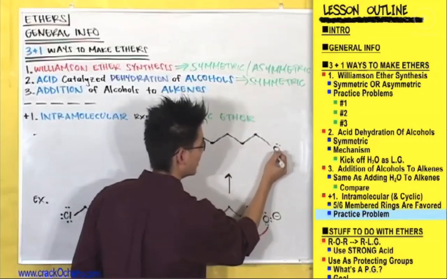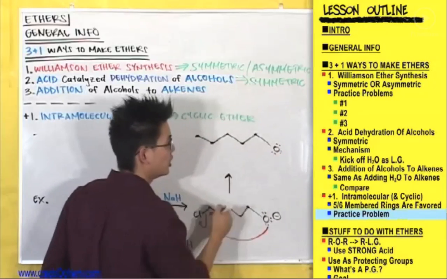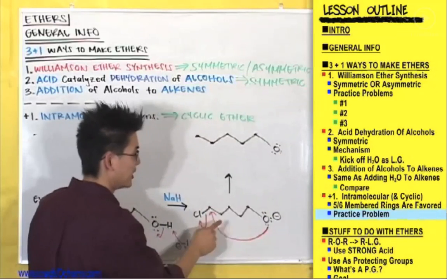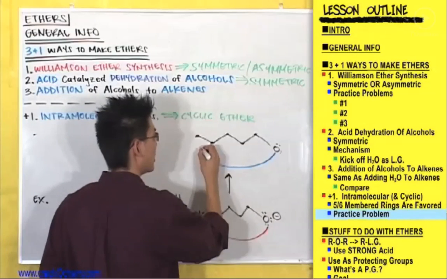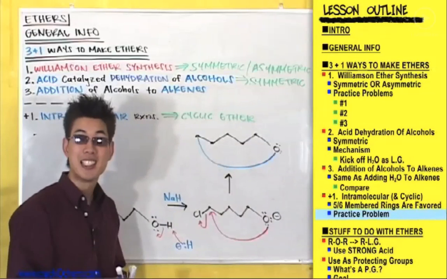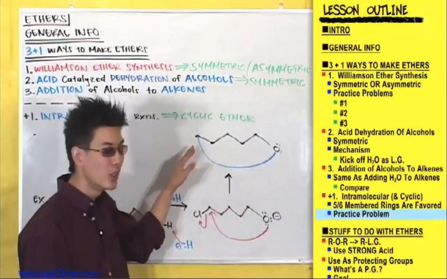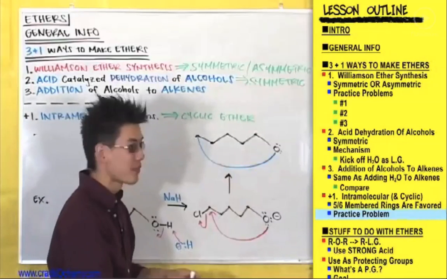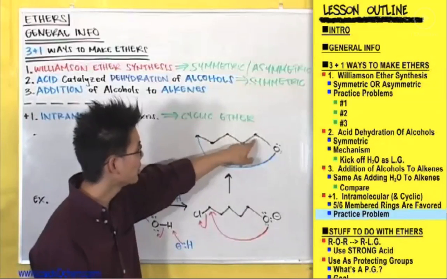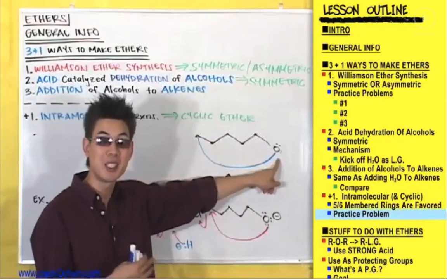There's the oxygen. This oxygen just used its lone pair to come bond to this carbon. And here we can clearly see what is bonded to what and how many members are going to be in this ring now that it's curled up. 1, 2, 3, 4, 5, 6. This is going to be a 6-membered ring.